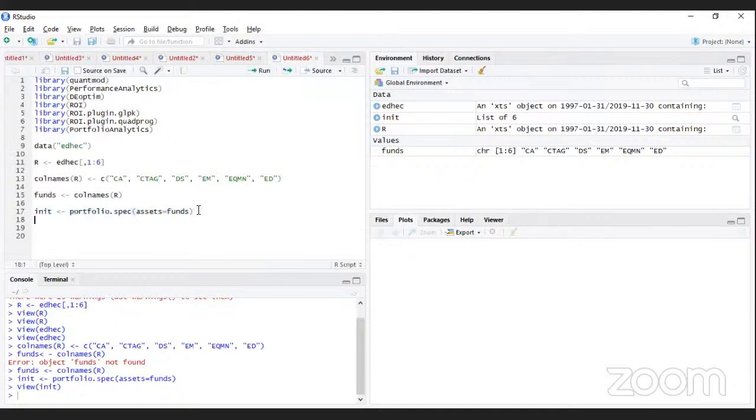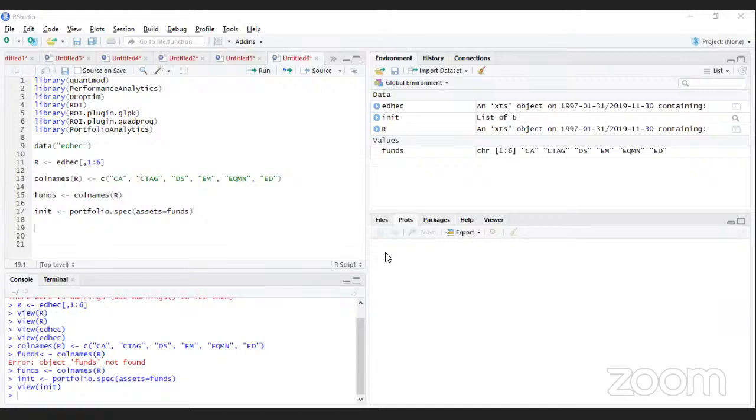Now we will create our constraints, the different types of constraints that we will use. I will not cover 100%, but there are a huge number of constraints. Let's look at some of them. There are two constraints which we have already seen.